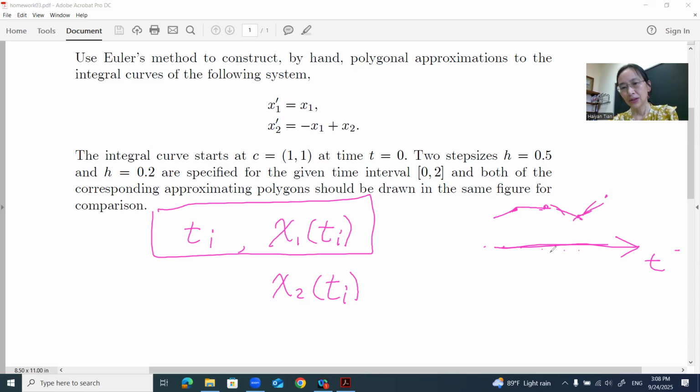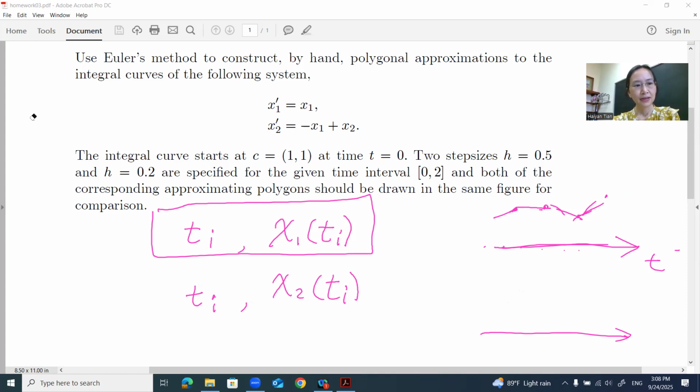But same thing, for each time, you can also draw the second component. So the first component at different t's is just an approximation to the first component of the exact solution. And the second component can be done similarly.